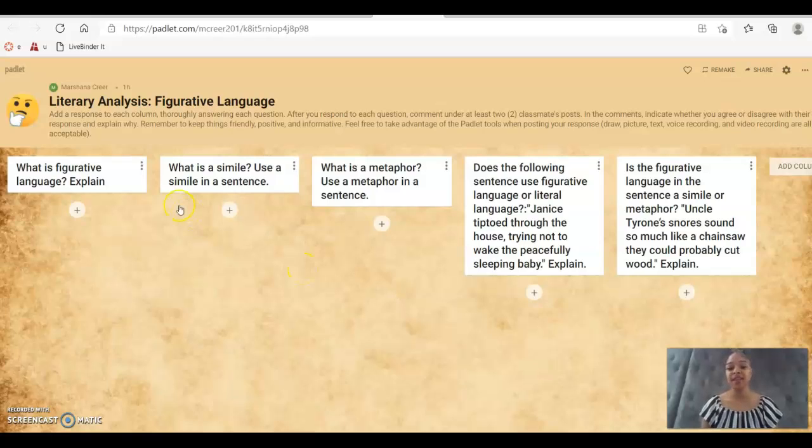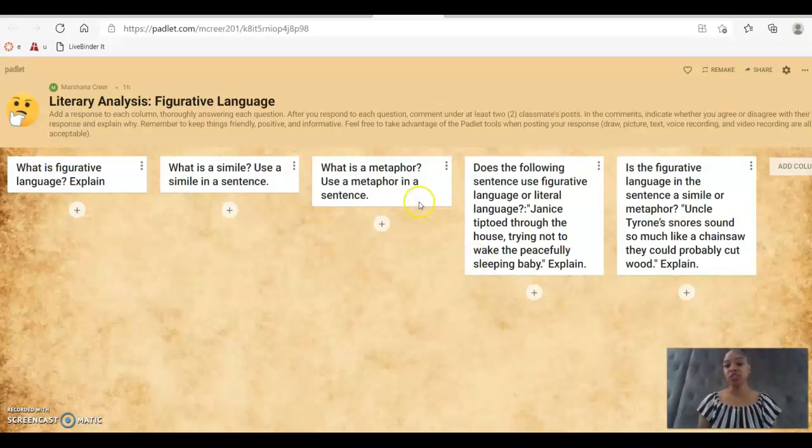Like, for instance, if they use a sentence that contains a metaphor, you can say, oh, I agree that this is a metaphor because, and then explain why you agree. Or if they use a simile in the metaphor category, then you're going to say, oh, I don't agree because this is a simile, and explain.